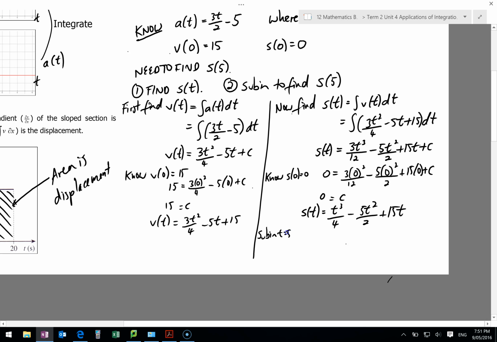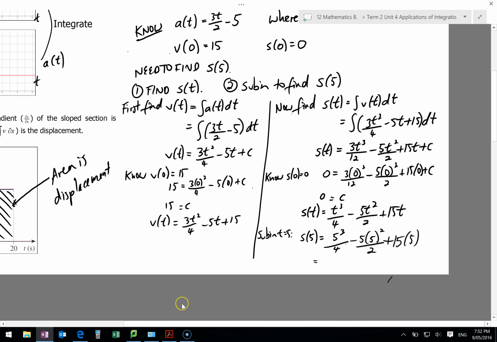Sub in t equals 5. S of 5 is 5 cubed on 4 minus 5 times 5 squared on 2 plus 15 times 5.